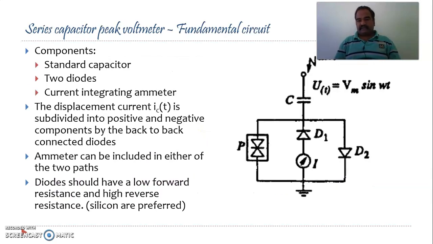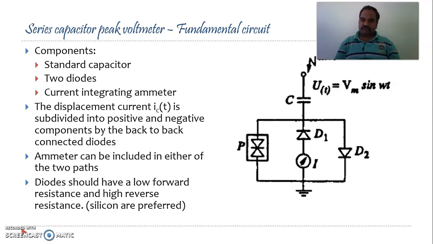This is the fundamental circuit of a series capacitor peak voltmeter. It consists of three major components. One, a standard capacitor, denoted by C in the figure. Two, diodes D1 and D2, which act as a rectifier.